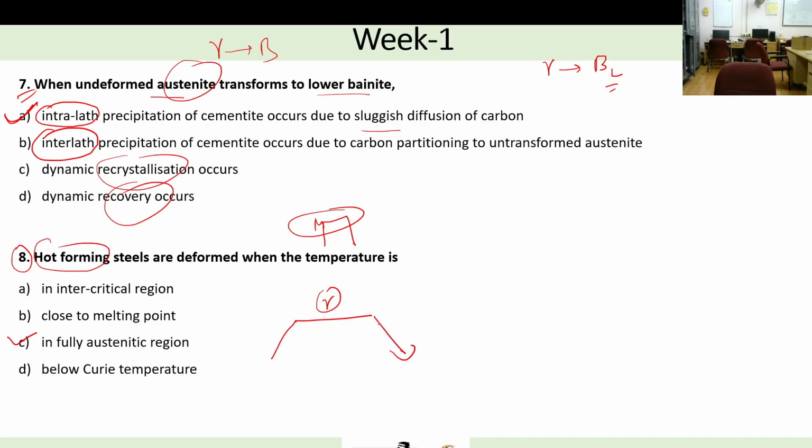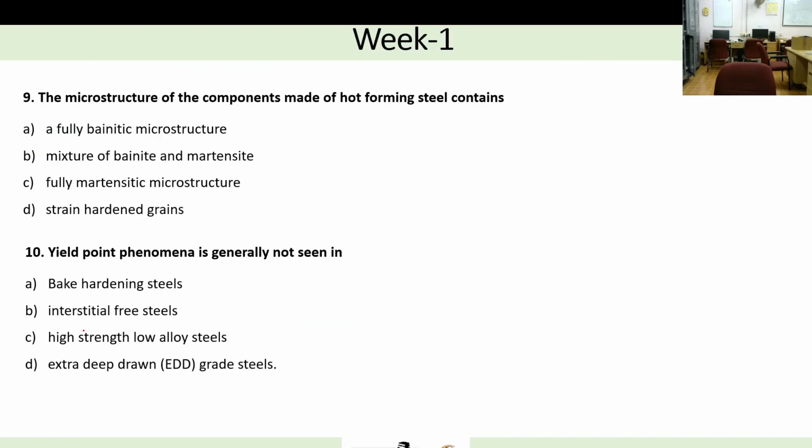After cooling, if you cool it very fast, the microstructure will have martensite. So you can form it as you want at high temperature, and you can also get martensite, which is a very hard phase. So formability as well as strength, you can get both if you use this hot forming steel. So I think everyone got it correct. Option C, fully austenitic region.